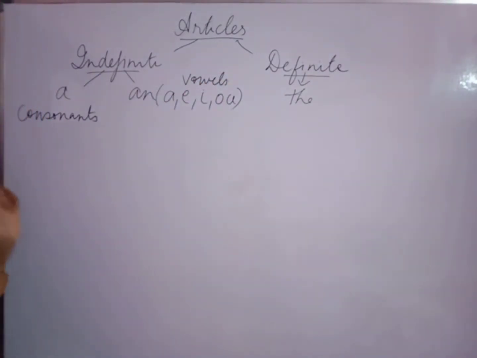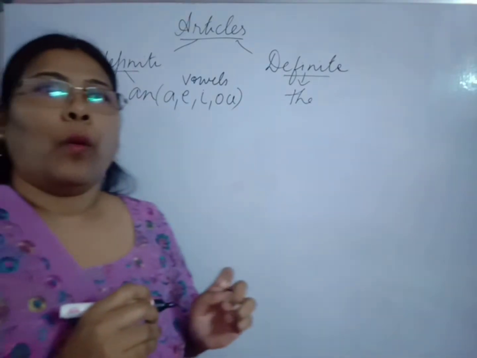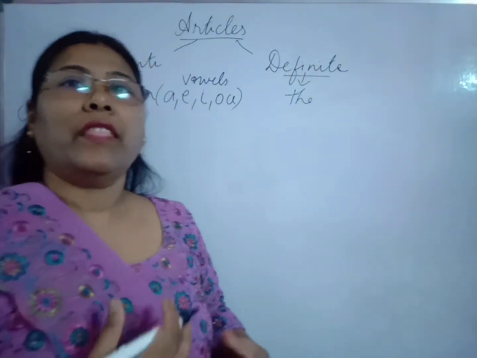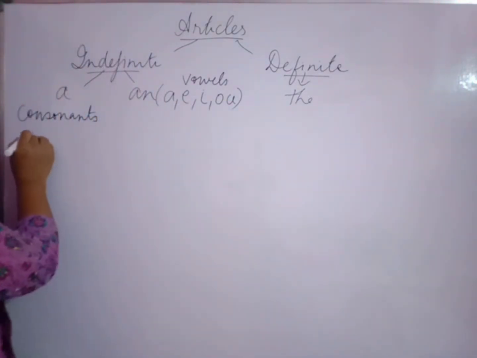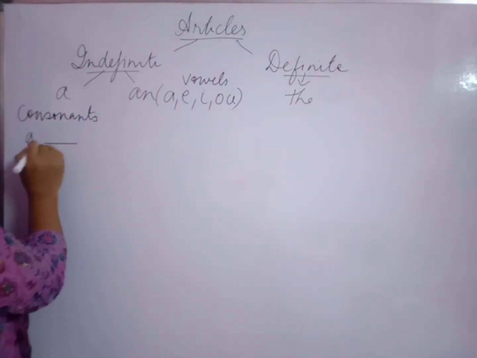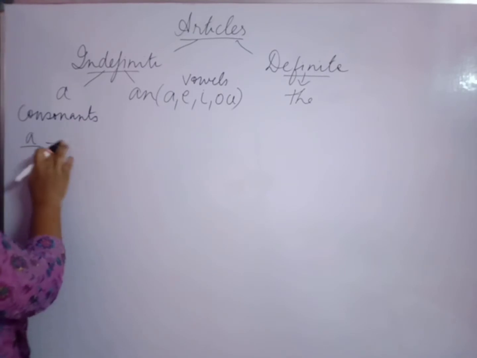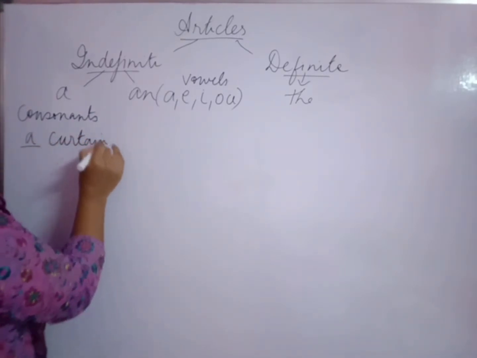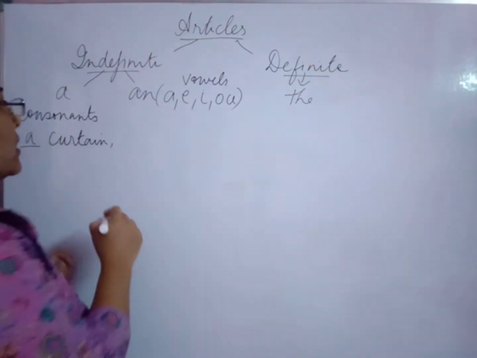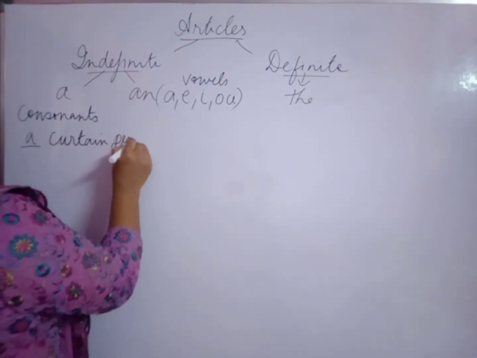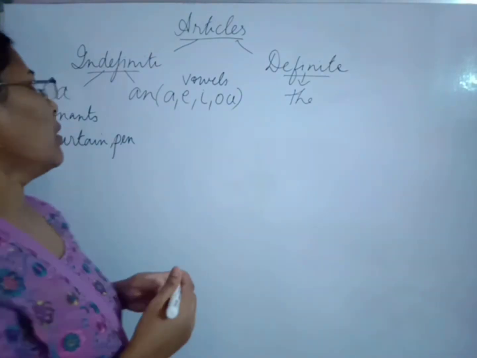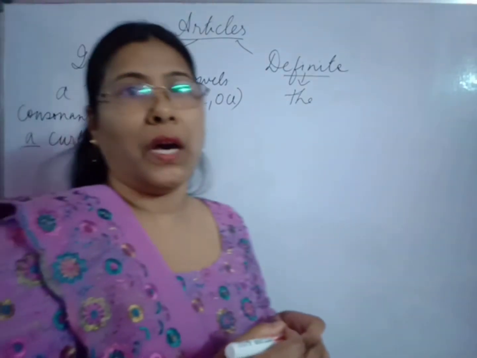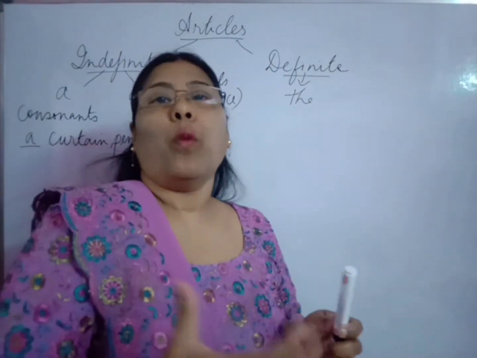Now, when a word starts with a consonant sound, then we use a. Like a curtain, or a pen, or a pencil, and so on. Now, when do we use an? We use an when a word starts with a vowel sound.